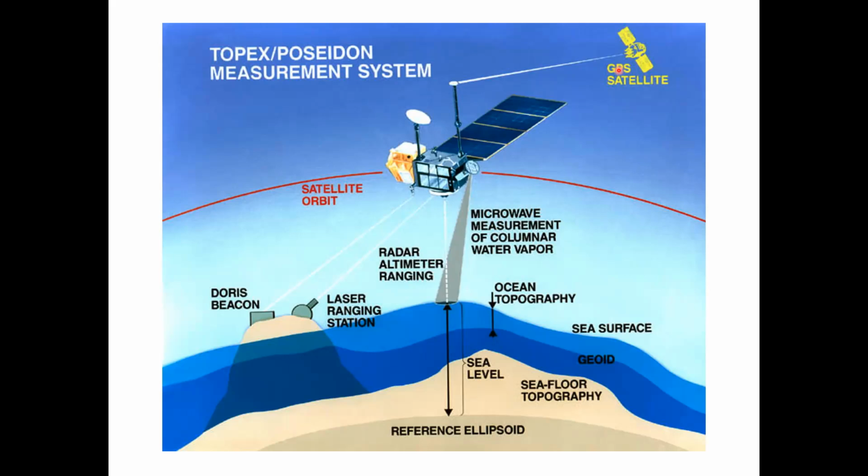on the latest generation, Jason, there are also laser retroreflectors, so that from the ground we can shoot a laser beam to the satellite and get a return by means of this laser retroreflector, which is a corner cube.